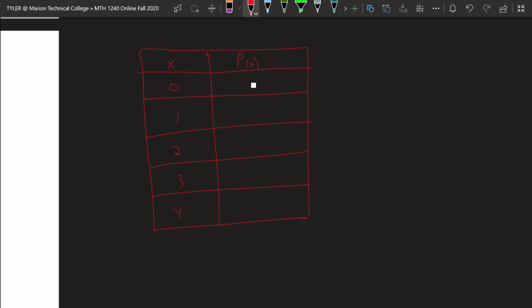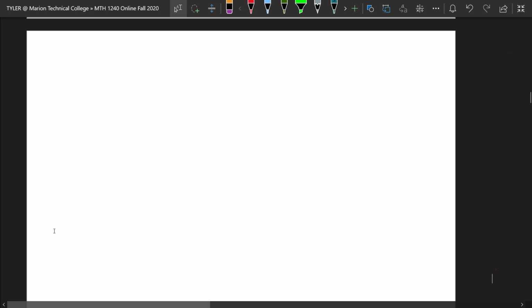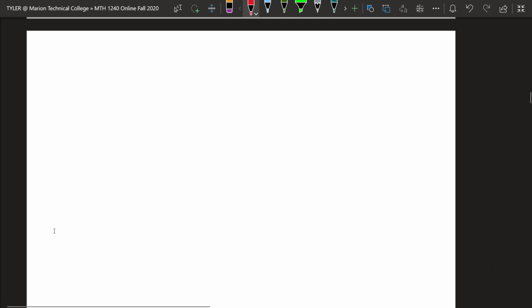So what I need to do now is fill in the corresponding probabilities of x happening. So we can do this using methods from chapter 5. So the first thing, if we look at what's the probability of x being 0, or in other words, what's the probability of 0 planes being on time?